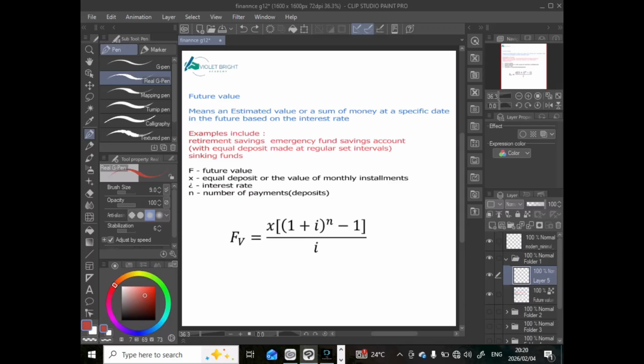One of them will be future value, and present value. Briefly let me just explain what these two are.